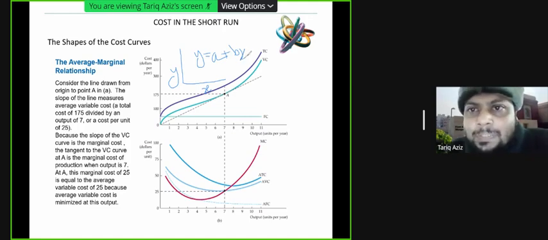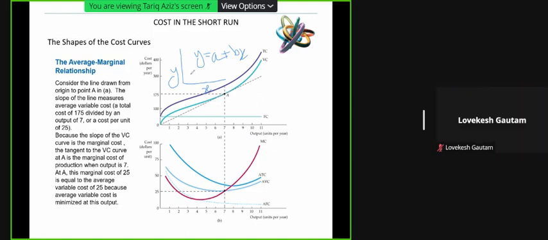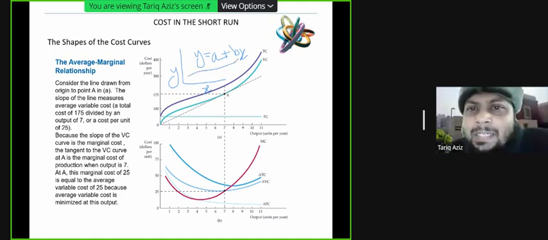Is this very clear? Y is equal to A plus BX. Yes, sir. So this is also the standard function, right? So this can be a line like this, a line like this, or a line like this. So it can be any line, isn't it?